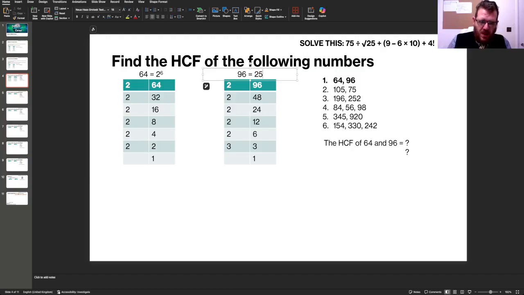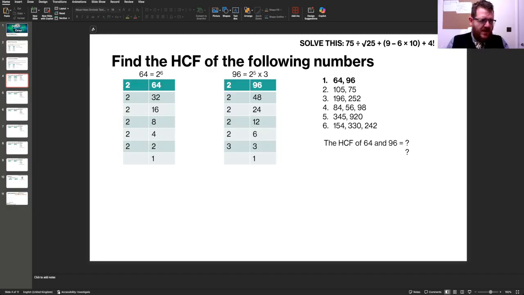Times 3. Let me just quickly put that up, so then you know it's a power number. So the highest common factor of 64 and 96. Well, these are the ones where they have them in common.